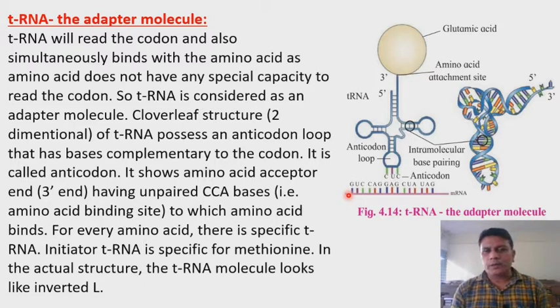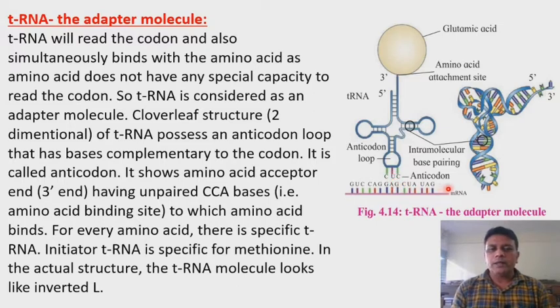So in this way the transfer RNA plays an important role in binding the amino acid to the C3 end and bringing them to the messenger RNA, which is attached inside the ribosome during the process of protein synthesis. Hence, tRNA is called an adapter molecule.